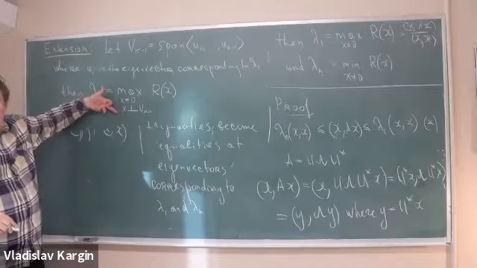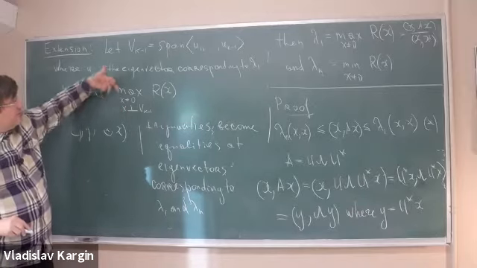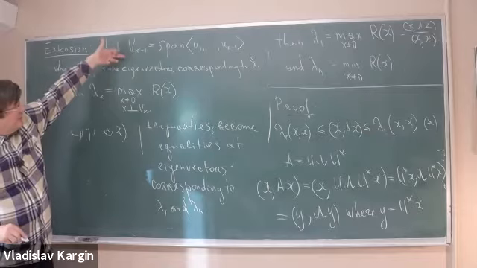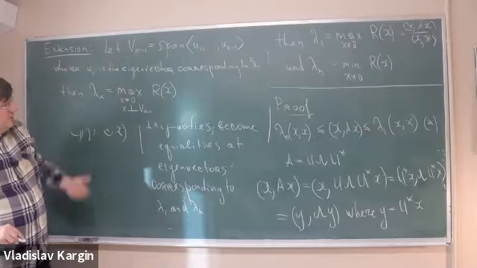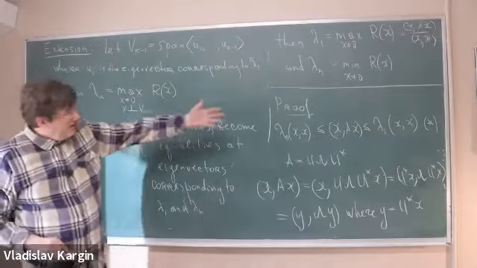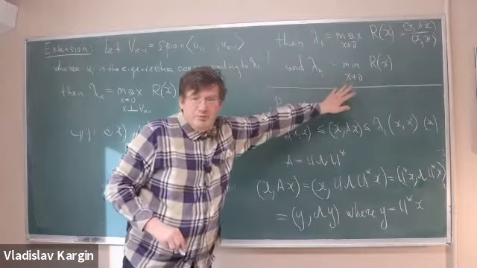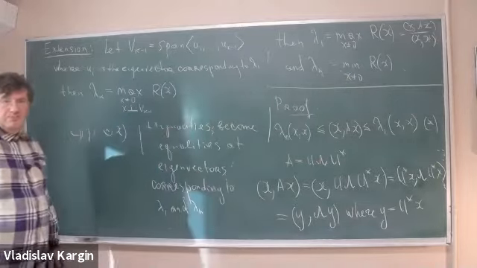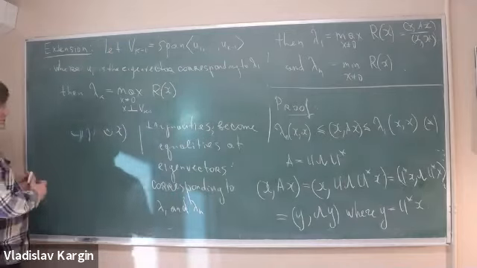Perpendicular means that if you take the scalar product of x with every vector in V_{k-1}, it gives you 0. And another extension would be related to the minimum. So you could write a similar extension.